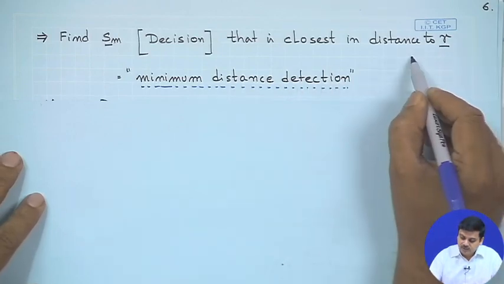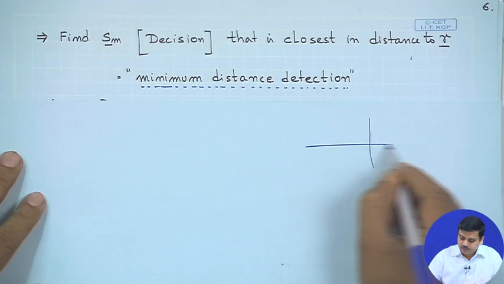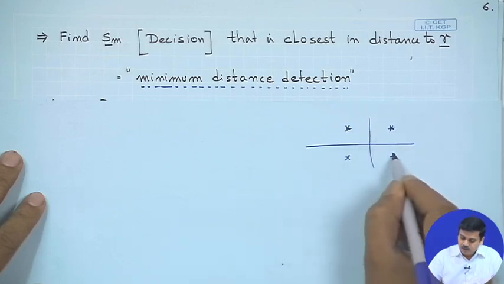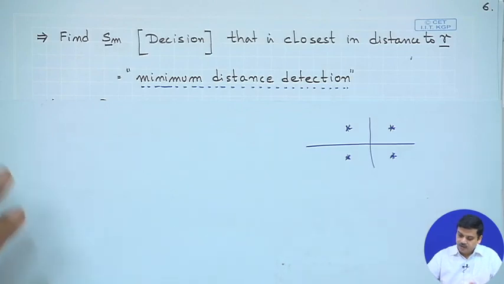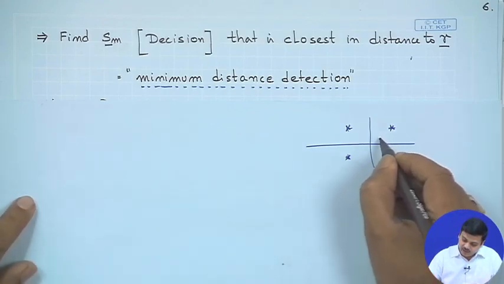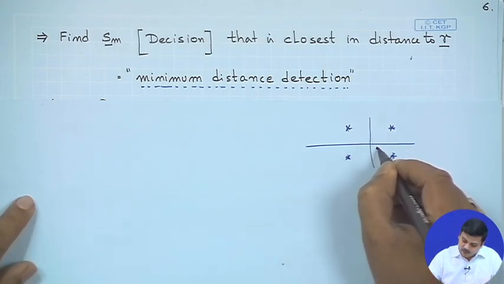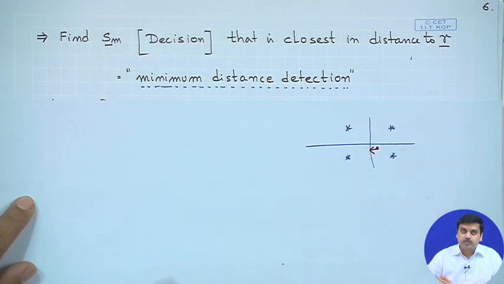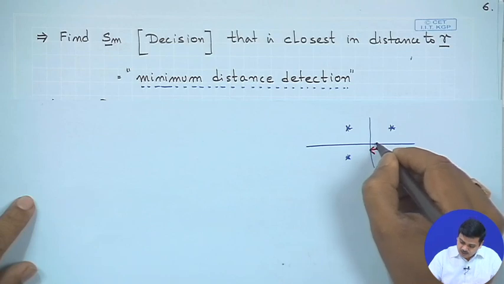So, we have, let us say, 4 constellation points, and whatever we have received in the vector form is, suppose, here, and it has produced a component there and another component which is there.